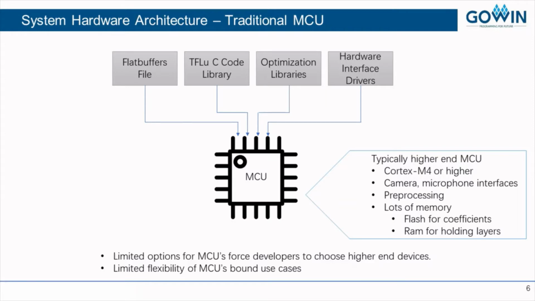And then the optimization libraries. TensorFlow Lite for microcontrollers provides a library, but it's not optimized for your hardware or your microprocessor. So for example, if you're using an ARM Cortex-M microprocessor, you can call CMSIS-NN, which is a library that has optimized functions for various processors, including ARM Cortex-M, and it will have optimized functions for the type of ARM Cortex-M processor that you're using.